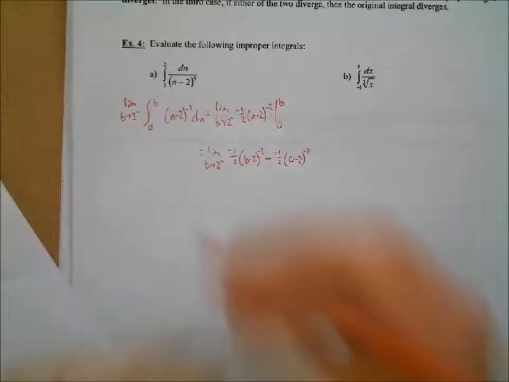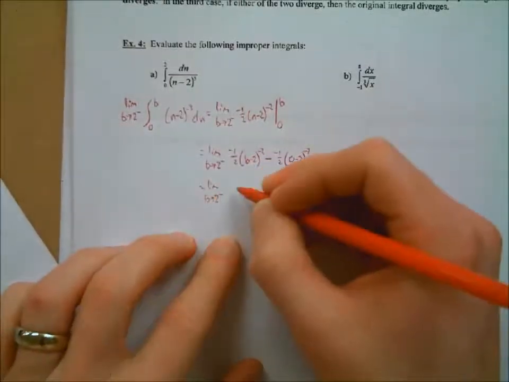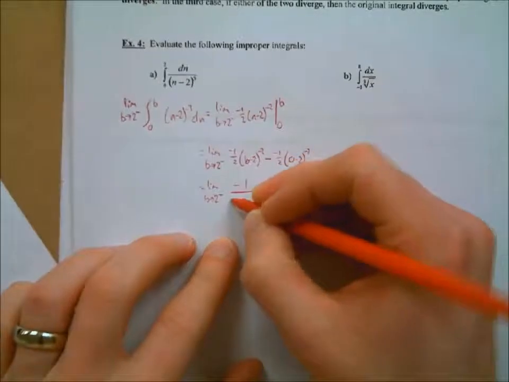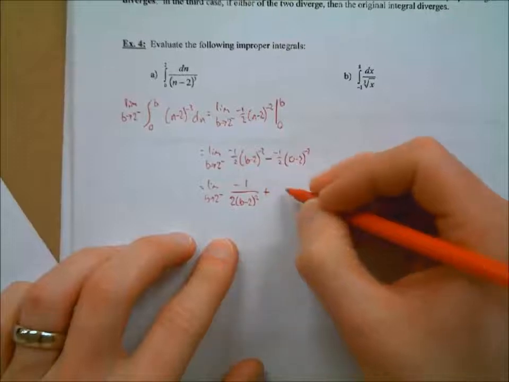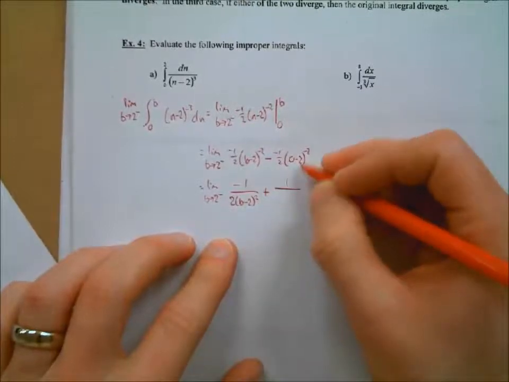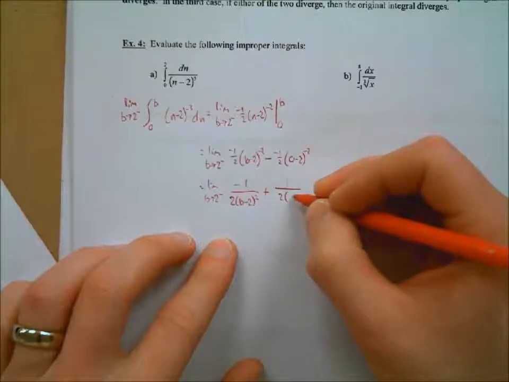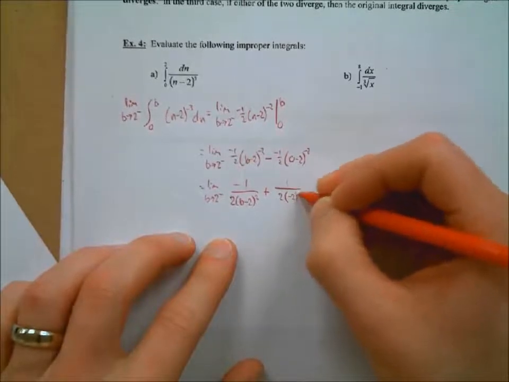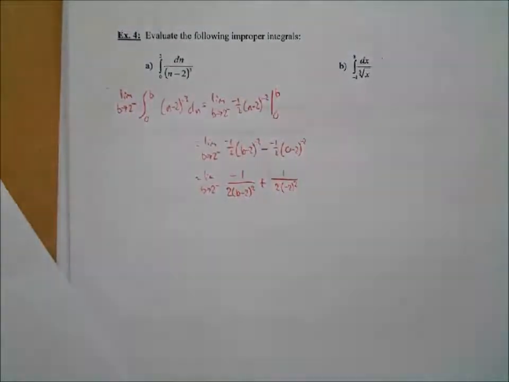Okay, and again, I'm going to take the step here to rewrite some things. So we'll make it negative 1 over 2 times b minus 2 quantity squared, plus then 1 over 2 times negative 2 squared. Again, it was minus a negative 1/2, so I made it plus positive 1/2 there.